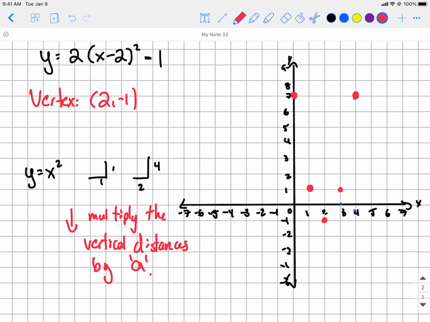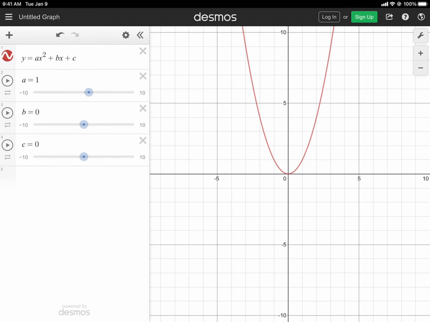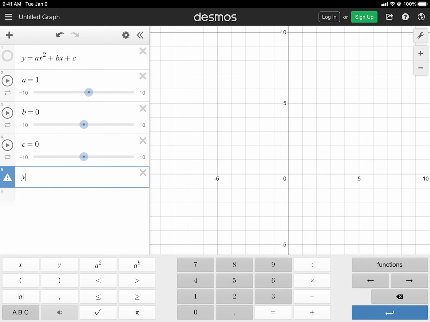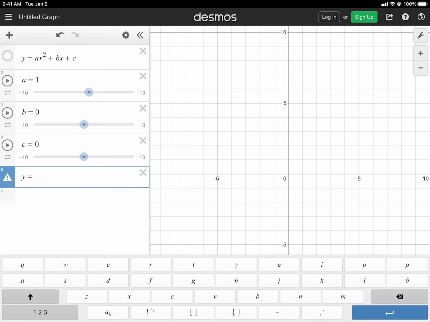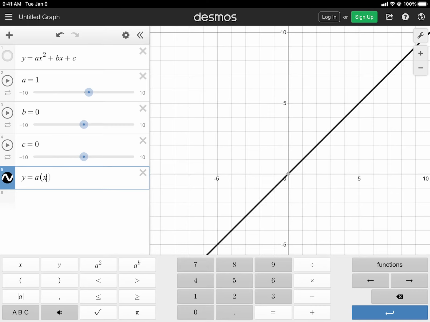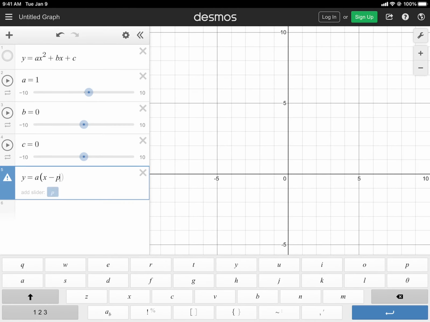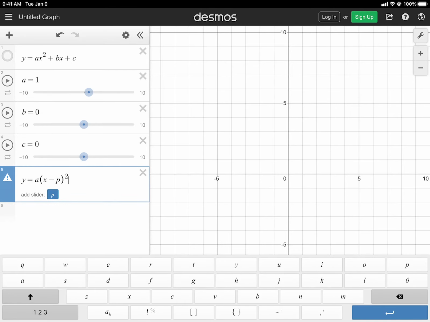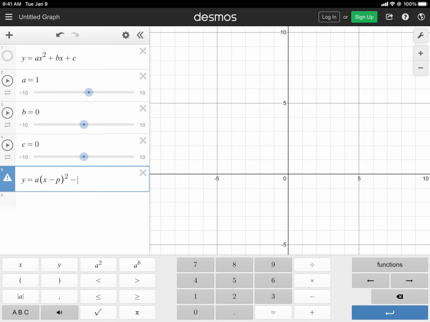And so we can see this if we go back to Desmos. So I'm just going to switch screens here. So let's try graphing it the same way that you did when you were dealing with your activity the other day. So we got y equals a times x minus p squared and minus q.